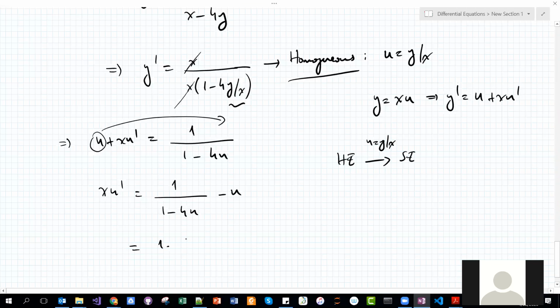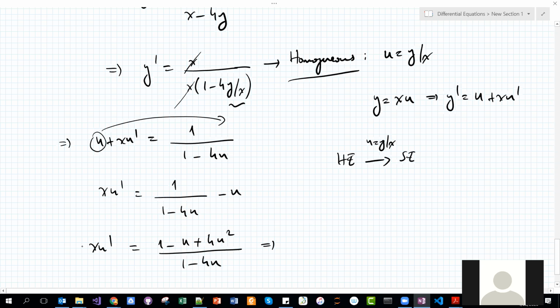Okay, so 1 minus u times 1 minus 4u, which is going to be equal to u plus 4u squared. And then x u prime here, and then 1 minus 4u, right? It is going to be separable, since look at that.